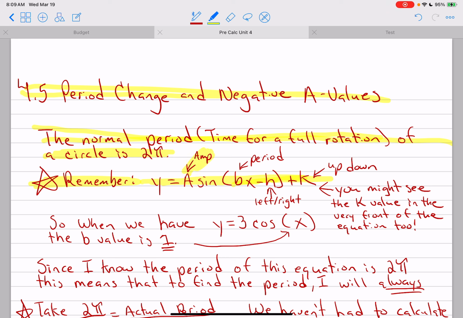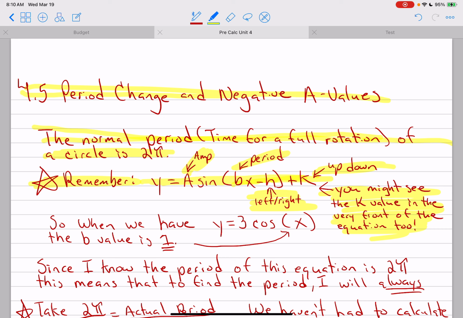Stretches or compresses, right? It changes the radius. B is the period, which we're going to talk about in this one. H and K look familiar. H moves it left and right, which you have seen. K moves it up and down, which you have seen. One thing to notice is you might see the K value in the very front of this equation as well. So that's the thing that you'll probably see in class sometimes.